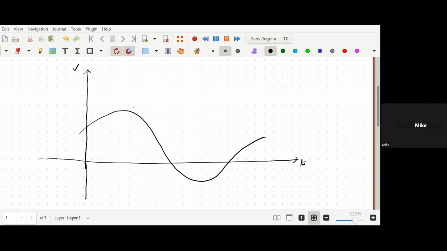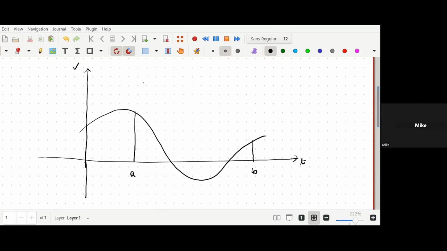Tapos ang tinatanong, yung distance traveled between time A and time B.